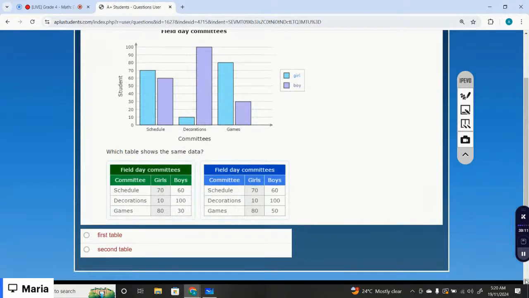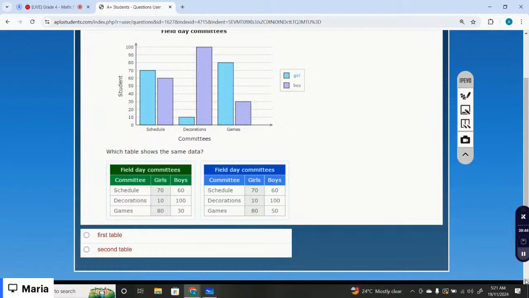Match the graph with the table. 70, 60, 10, 100, 80, 30.